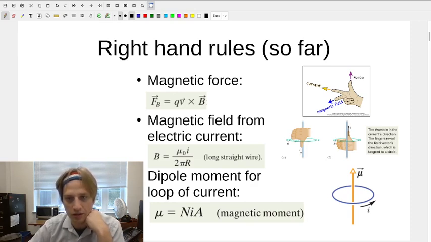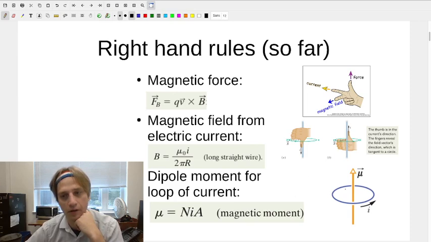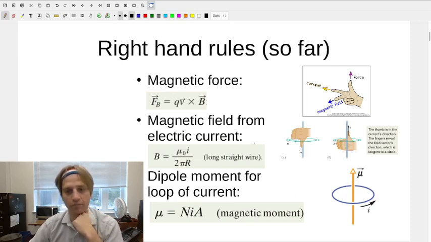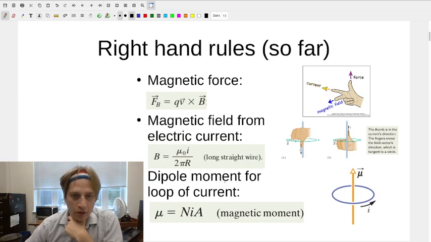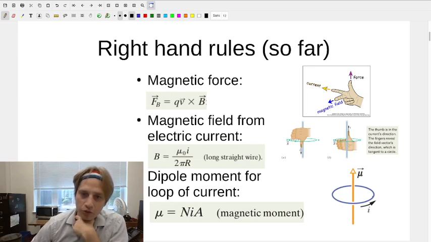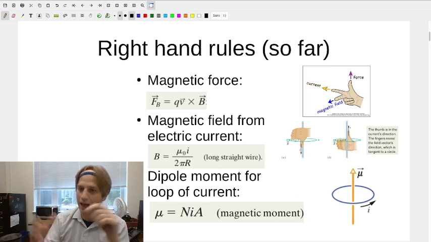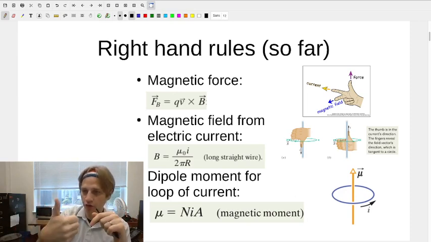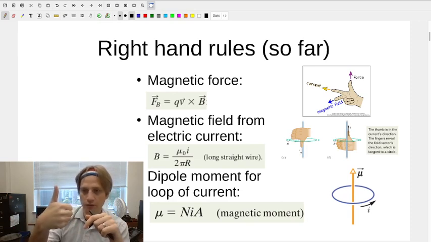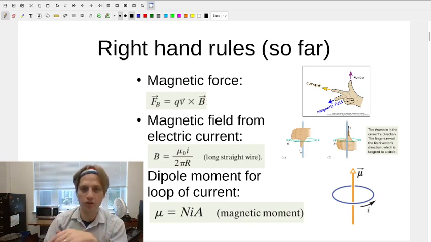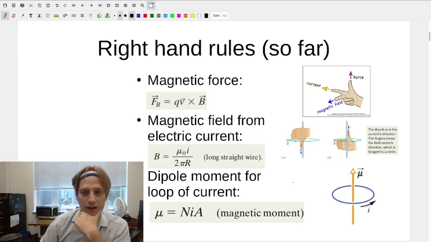And so this is the dipole approximation for a permanent magnet or a little atomic magnetic component. We model this as a little loop of current whose magnetic moment is pointing out, and if you curl your fingers around the loop in the direction of the current, your thumb is going to be pointing out in the direction of the magnetic moment vector.